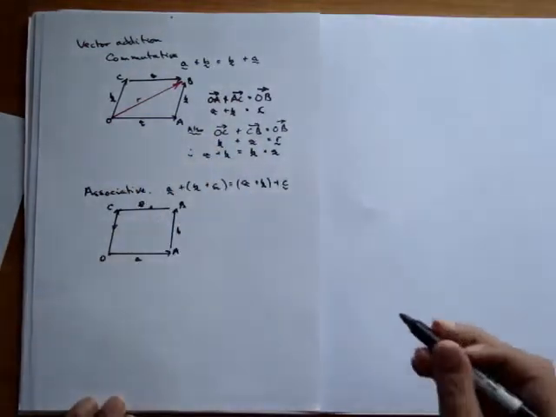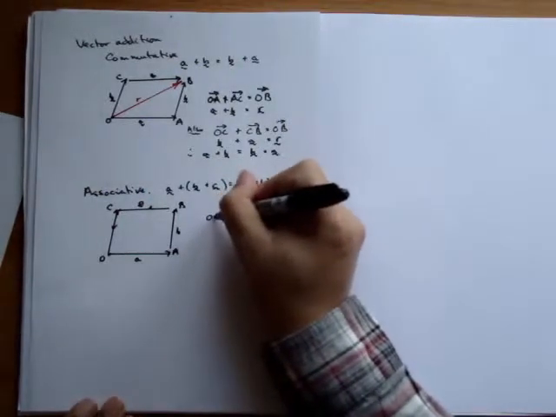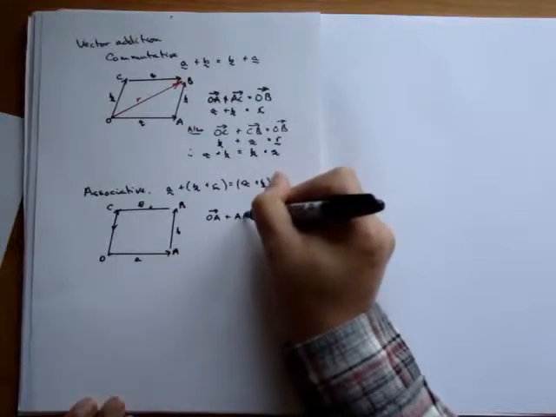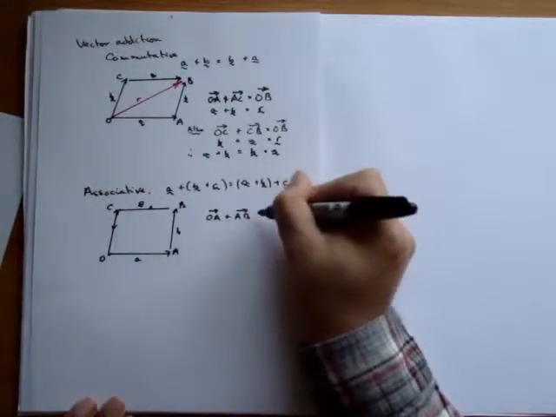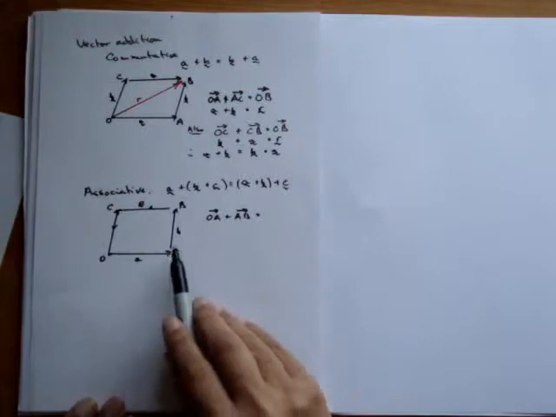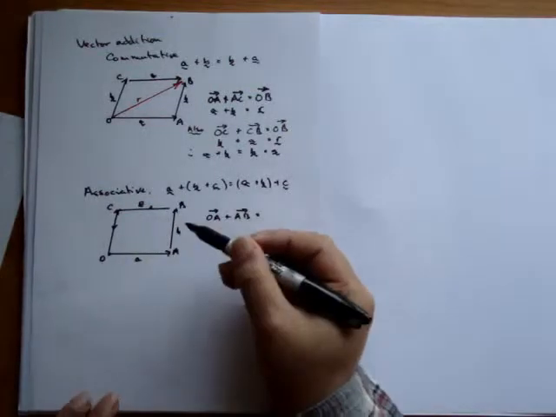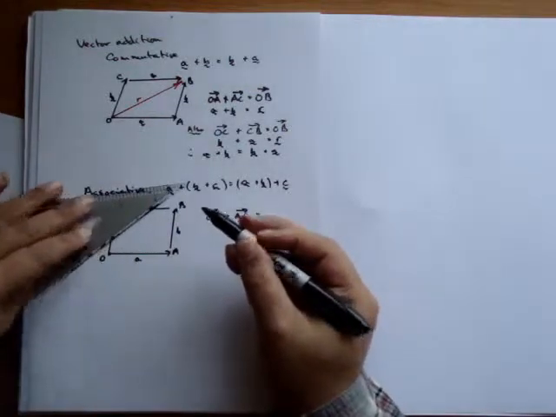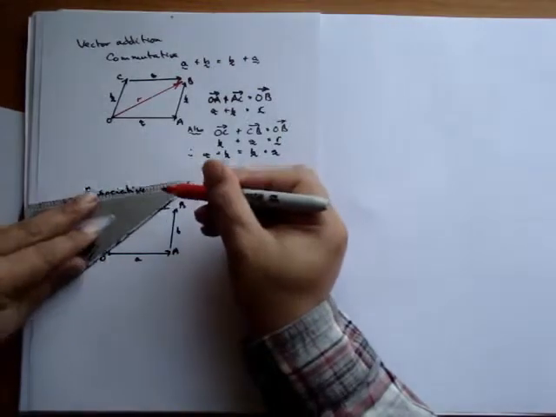This would be C. So from here we see that O to A plus A to B would be the resultant, which is in red. Let's draw that.